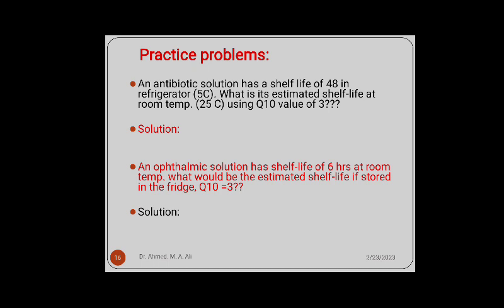The delta T will be 25 minus 5, the second temperature minus the first temperature. 25 minus 5 degrees centigrade. And vice versa. If we had the antibiotic solution at room temperature, then we put it in the refrigerator, the delta T will be 5 minus 25.